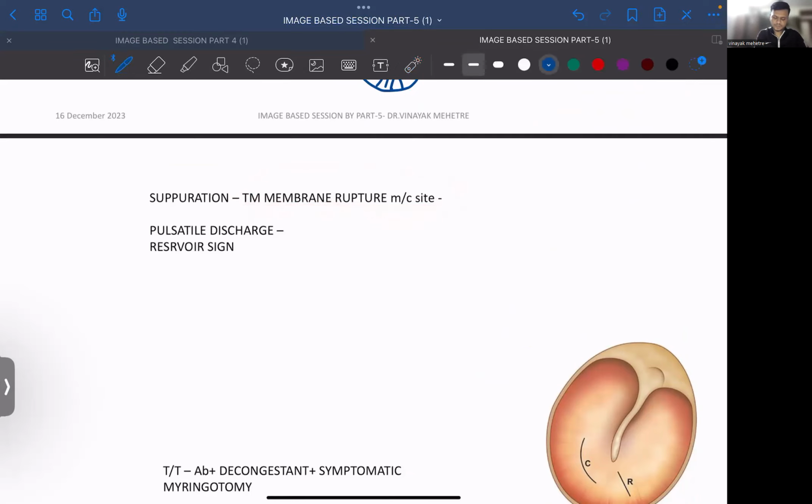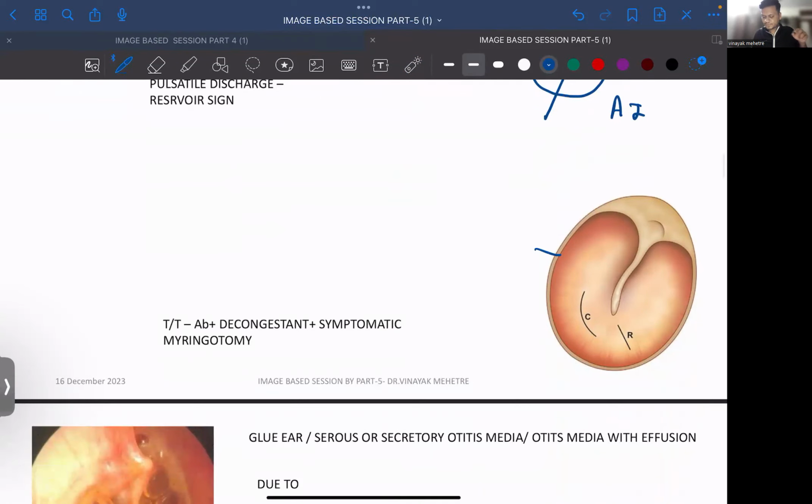Now tell me the most common site of suppuration or tympanic membrane rupture in ASOM. How do we divide the tympanic membrane? We divide it like this: anterior superior, anterior inferior. The front side. Our ear is tilted, so this downward side is actually the front side.